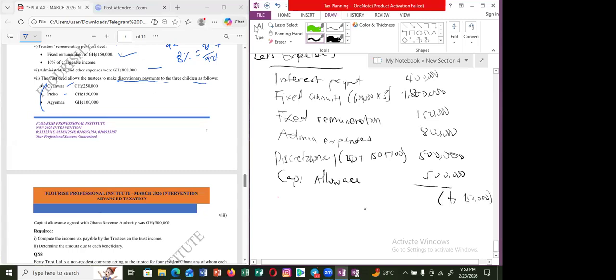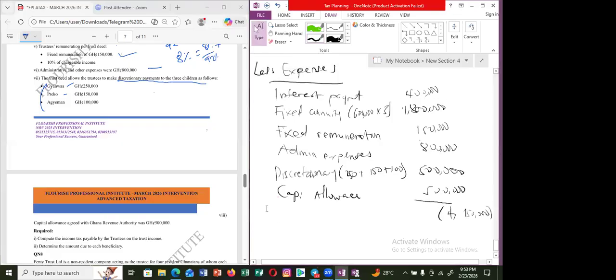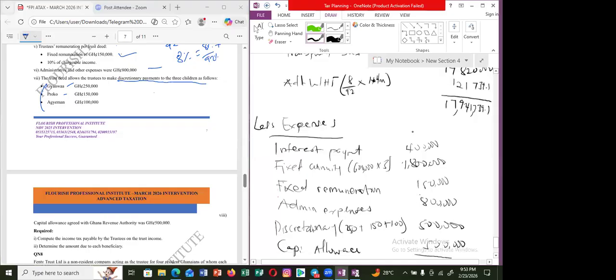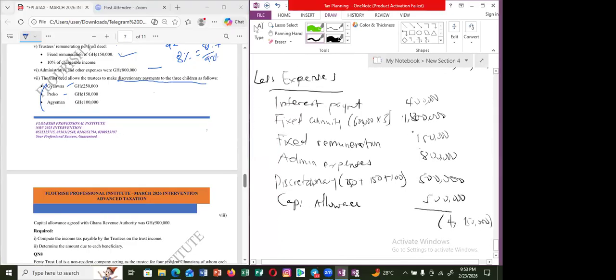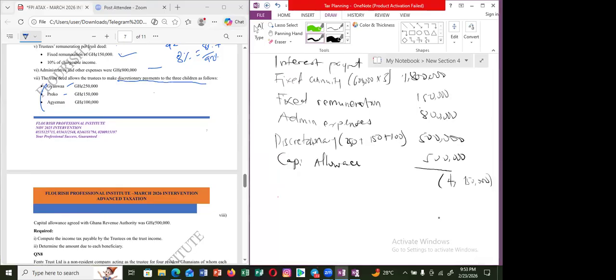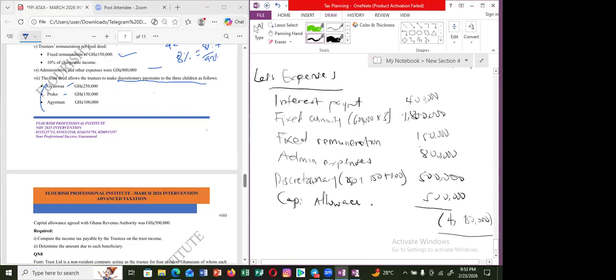So let's less it from the total income, which is this value. Can you see the income again?